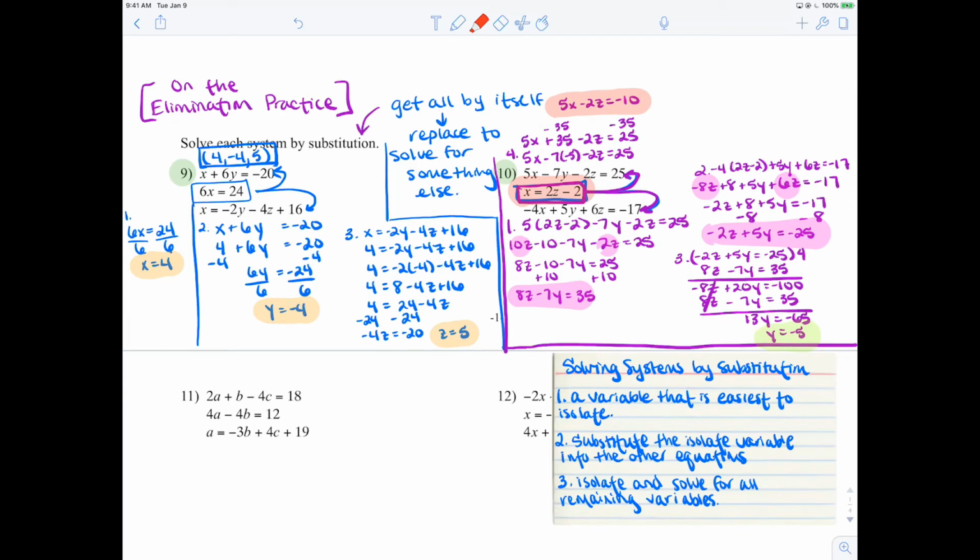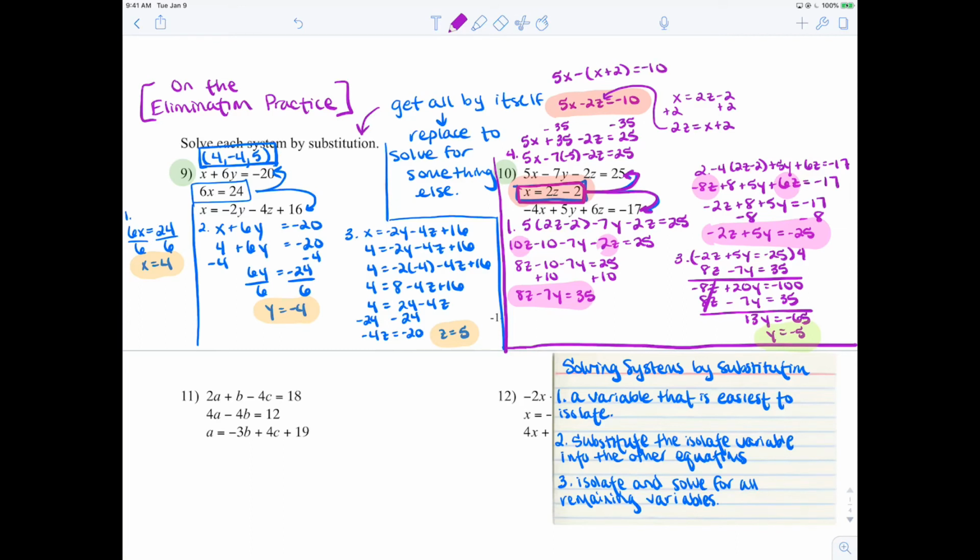It has a 2z. And I thought to myself, well, if x equals 2z minus 2, then if I add 2 to both sides, 2z equals x plus 2. Why would you need to know what 2z equals, except that we can substitute it into the equation that we found. So 5x minus 2z, which is x plus 2, equals negative 10.